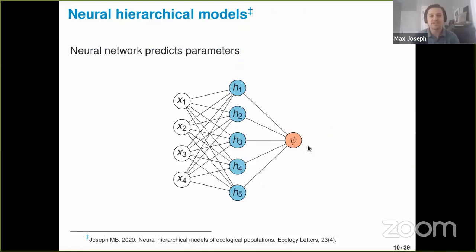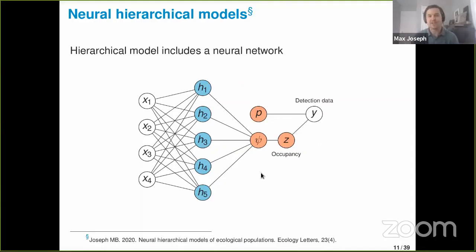Neural hierarchical models use neural networks to predict parameters instead of data. All I've done here is I've replaced that Y hat with a parameter that we want to know. In these models, the hierarchical model actually includes a neural network. This is all one model. We can estimate the parameters jointly.